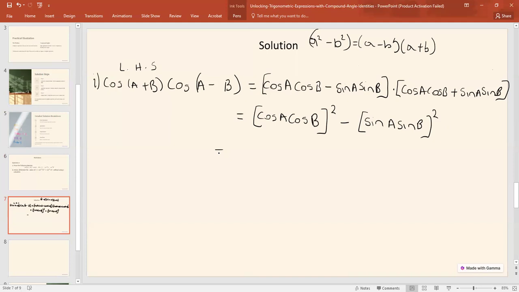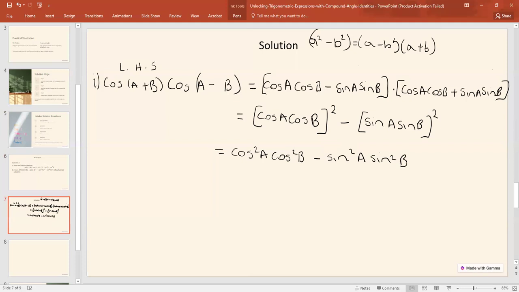We can apply the laws of indices to obtain cosine squared of A times cosine squared of B minus sine squared of A times sine squared of B.